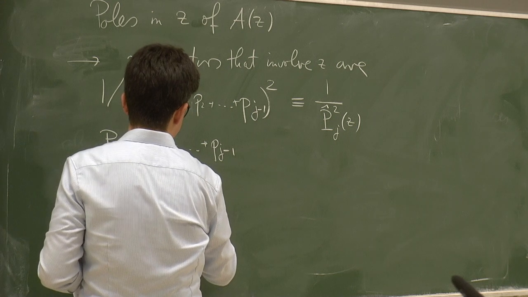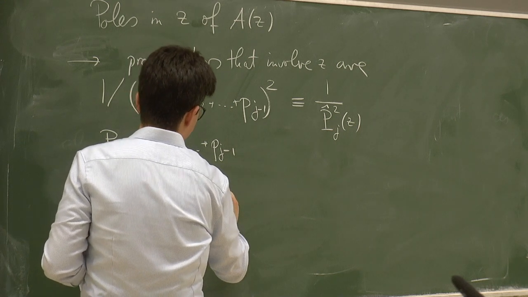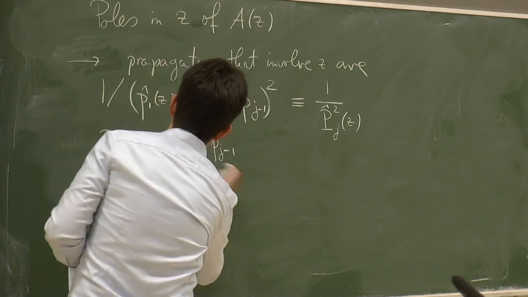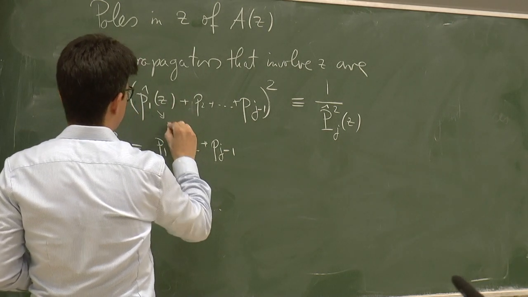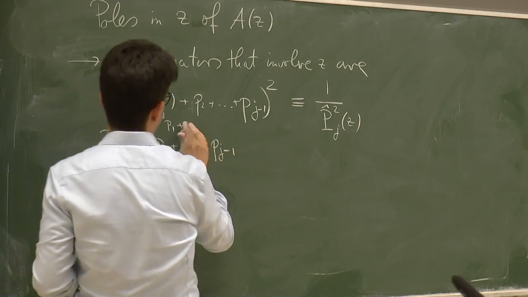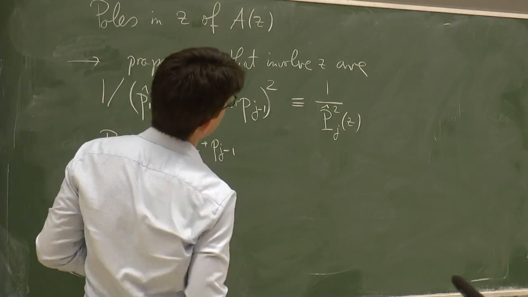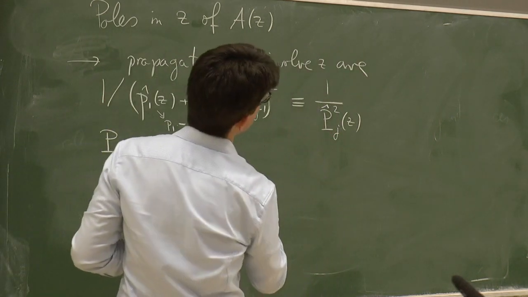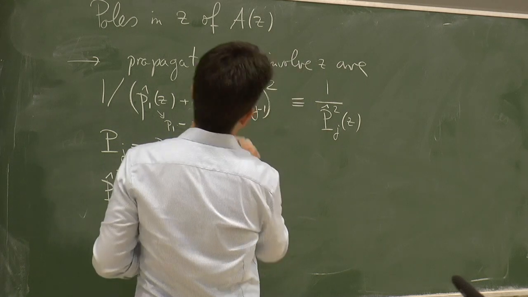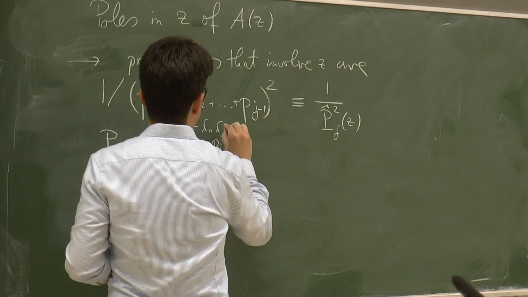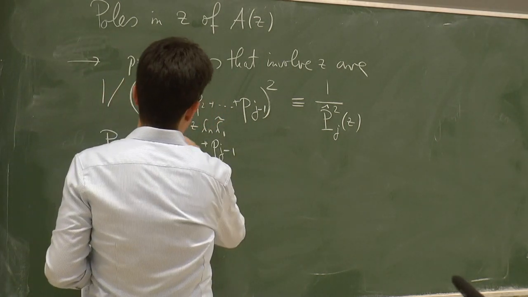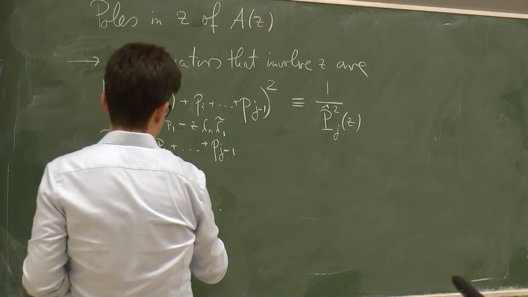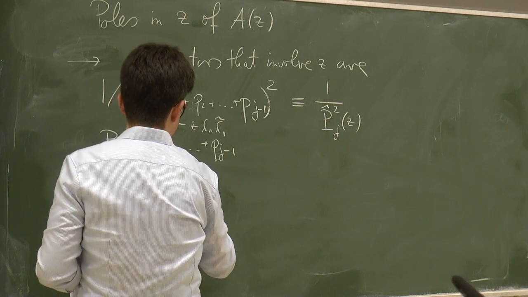Actually, the best way is to decompose this into P1 minus z times the shift, which is lambda n, lambda tilde 1. And here we can reconstitute Pj, so we just have Pj squared.